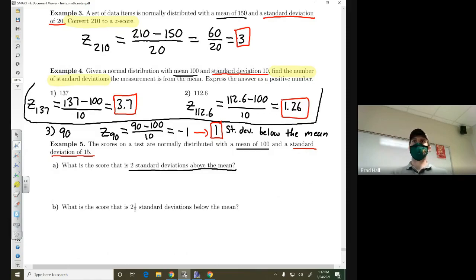It tells us a z-score. That tells us that z, because z is closely associated with the number of standard deviations from the mean, what does that tell us z is?